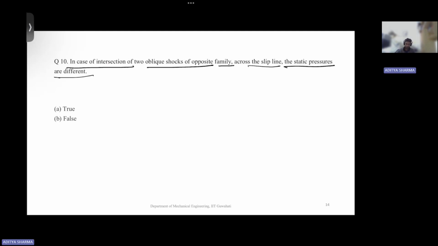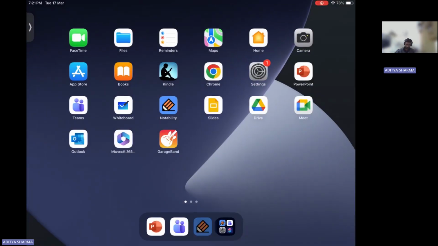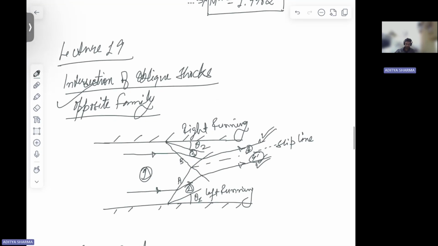The static pressures are the same. Again, in this diagram, P4 is equal to P4 dash.